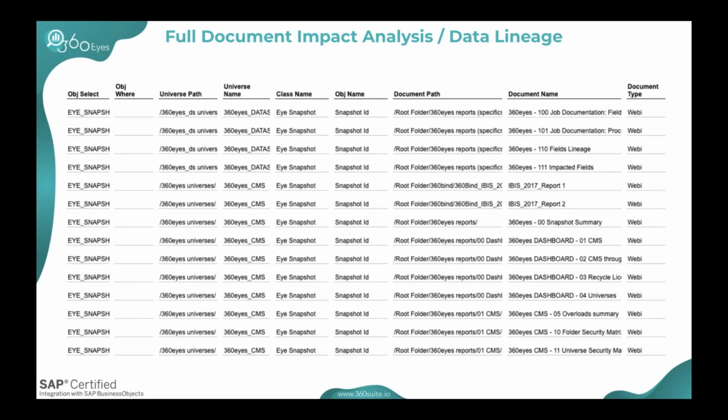And then probably the biggest use case of 360 Eyes is the impact analysis. This particular document is being filtered by object name. So I want to know where a particular object, in this case snapshot ID, is used in reports. There's a prompt on the report. It'll let you filter on any object you want, and it'll return the path in the document that uses those objects.